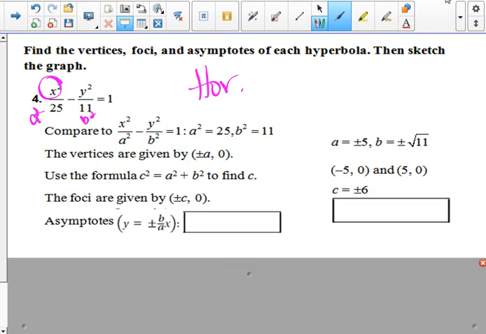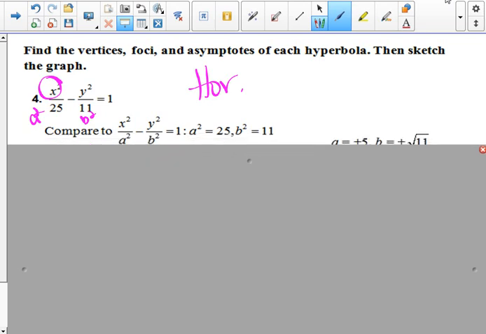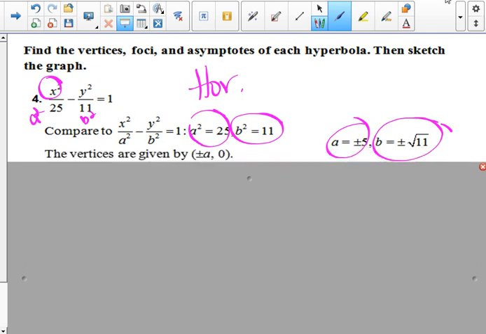Okay, so to finish this up, we've got our A squared and our B squared. A squared is 25 and B squared is 11, then A is plus or minus 5 and B is plus or minus the square root of 11, or radical 11.